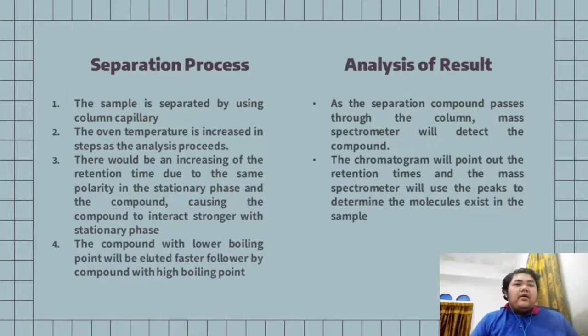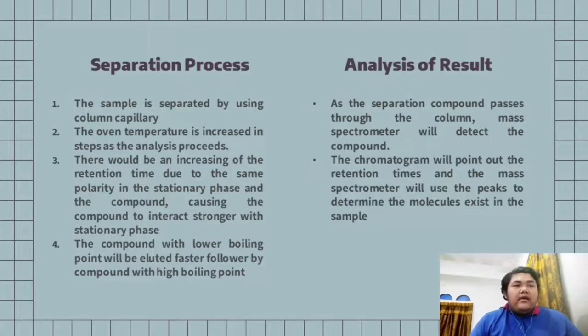And then lastly, the compound with lower boiling point will elute faster, followed by the compound with high boiling point.